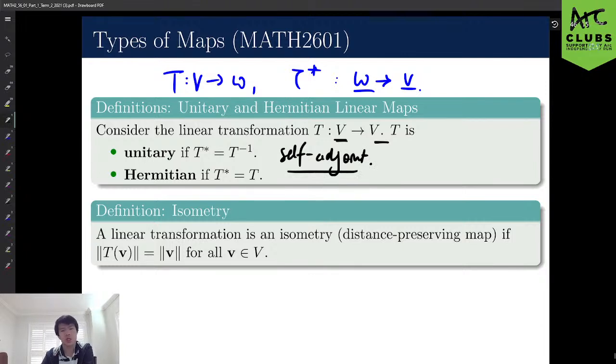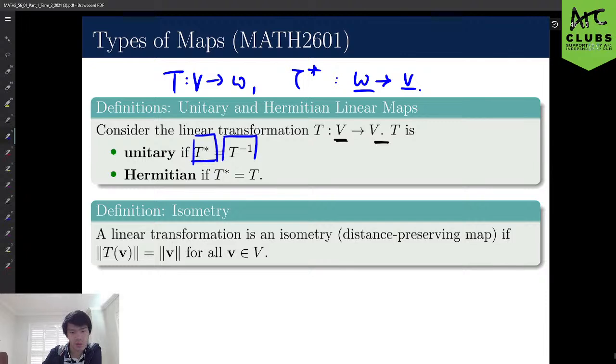Which means that if you actually take its adjoint, then it's equal to, that's hermitian. So t is unitary if its inverse is equal to its adjoint. Right, so that's the concept of unitary.